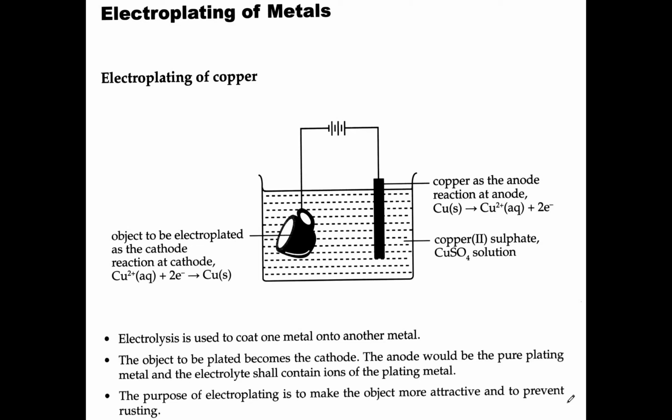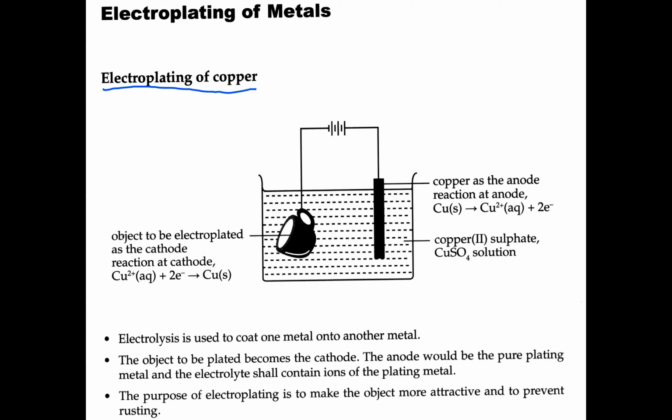Let's now talk about electroplating of metals. We can electroplate metallic objects with silver, which is silver plating, or we can electroplate objects with gold, and that's gold plating. Here we talk about the electroplating of objects with copper.